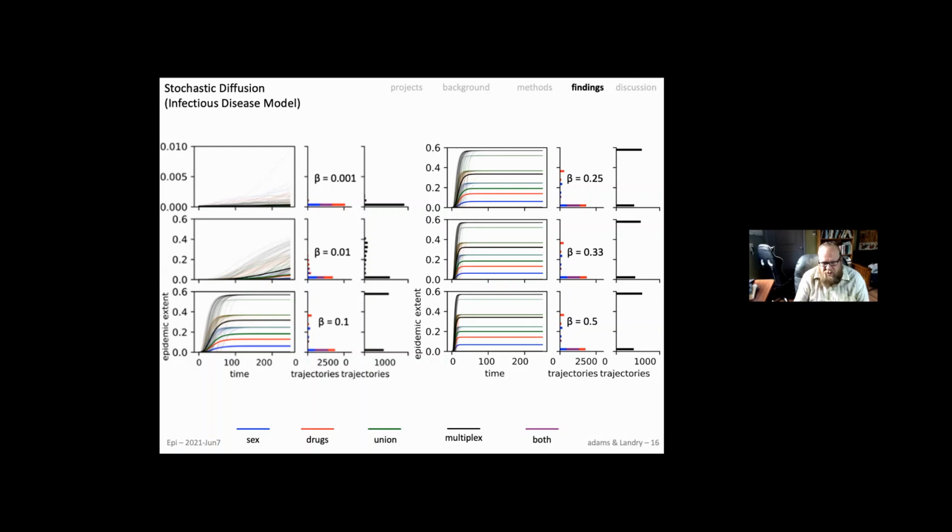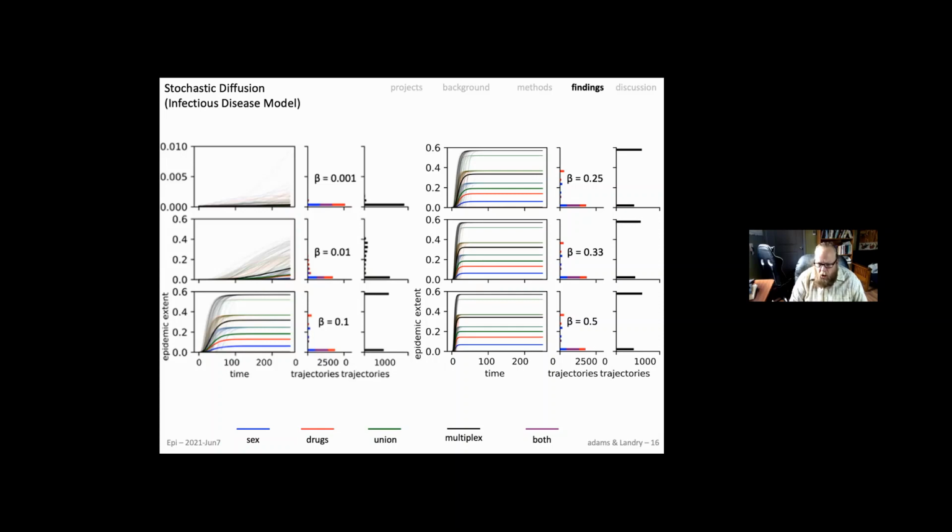The levels of contagion reached essentially are the size of the largest component within each one of the layers that are modeled. But you get there faster with a higher infectivity probability. You can see the curves moving a little bit to the left.